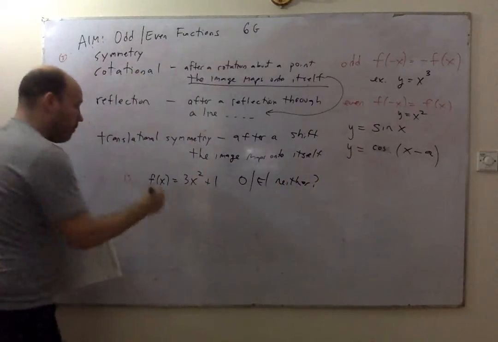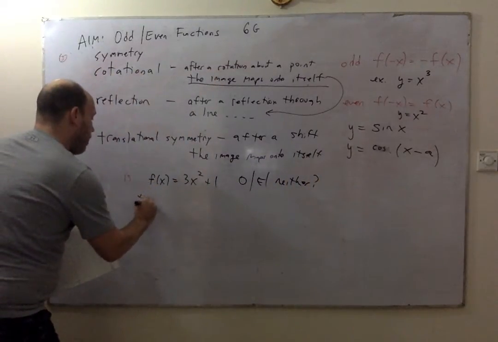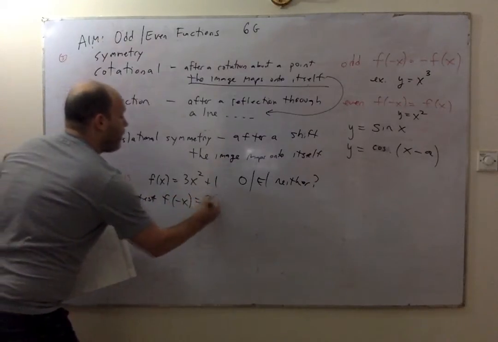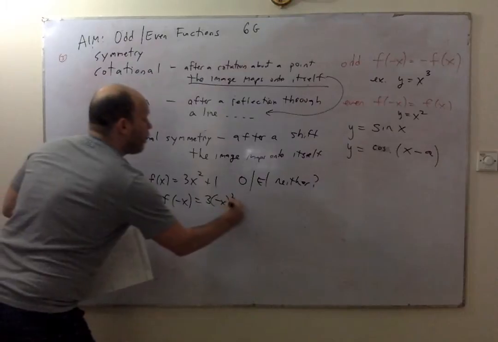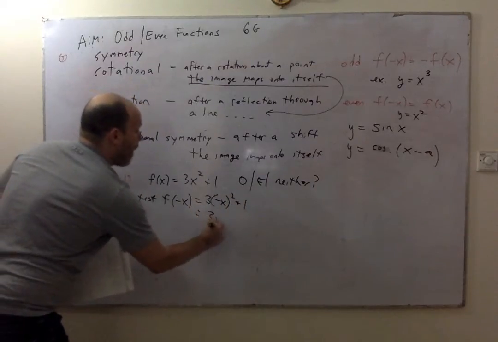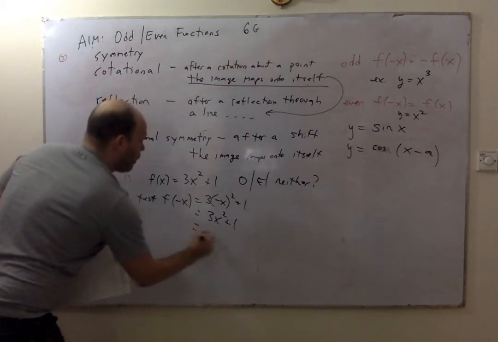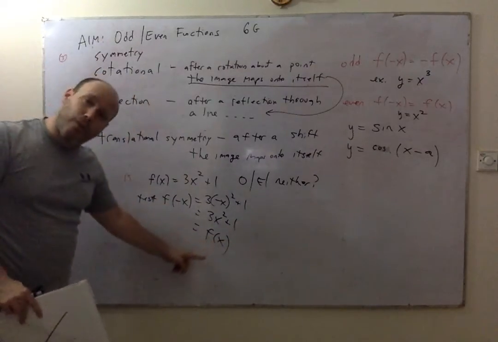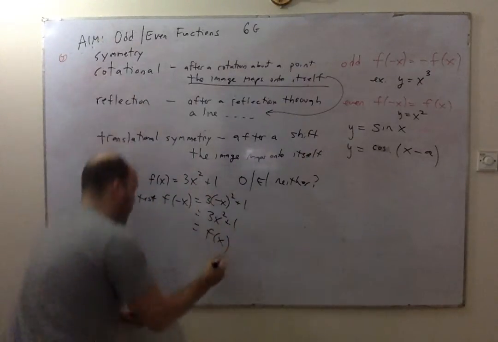Fine, so test f of negative x. That's 3 times negative x squared plus 1, which is equal to 3x squared plus 1, which is equal to f of x. Because f of negative x goes back to my original f of x, the function is even.